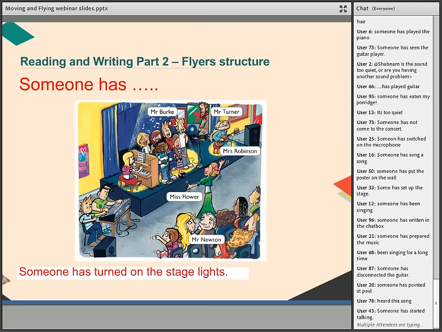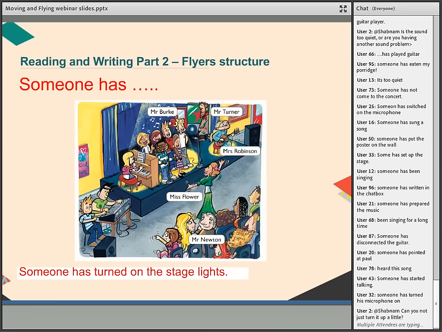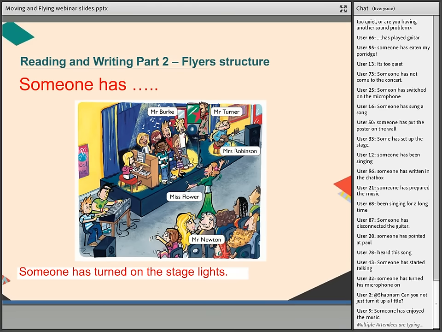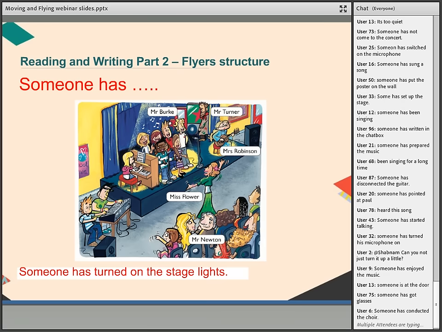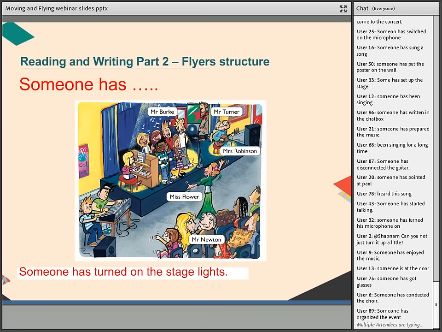Okay. So sentences like the one from Eleni: someone has turned his microphone on. Someone has put the piano on the stage.